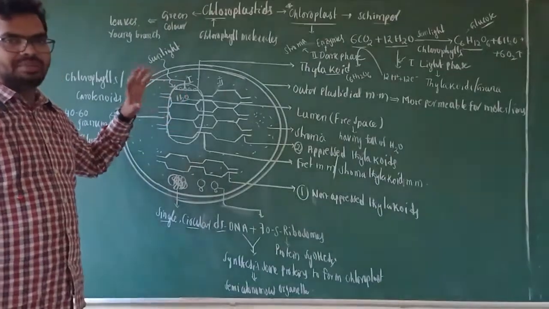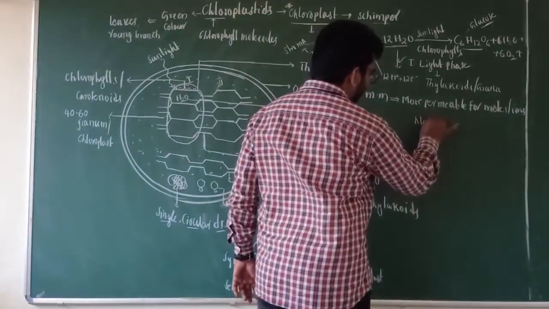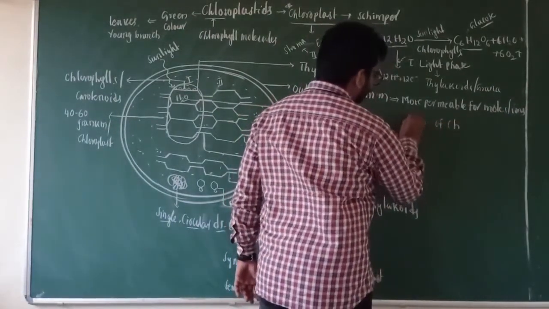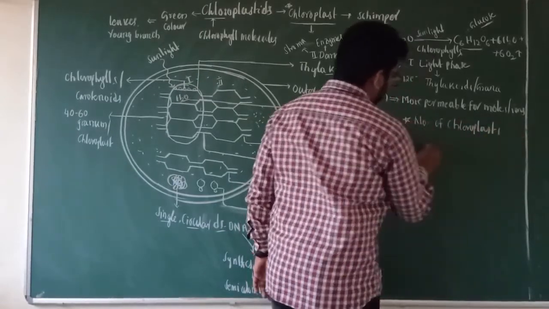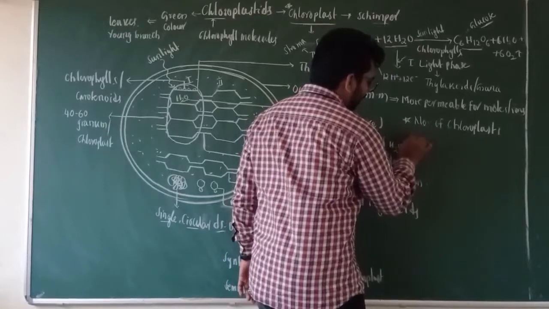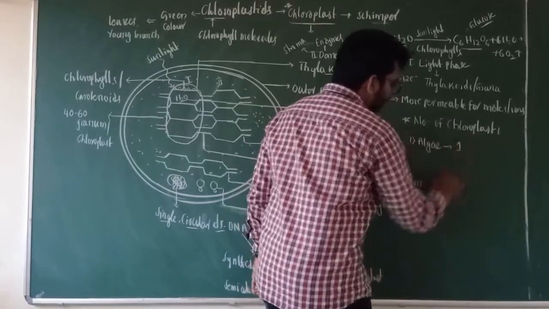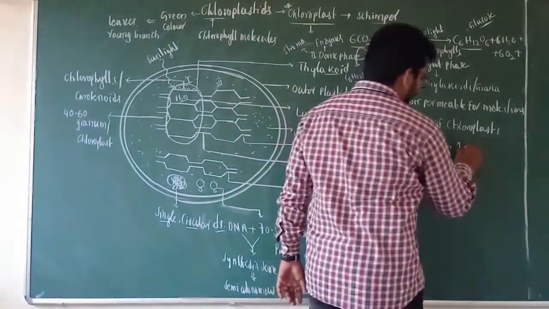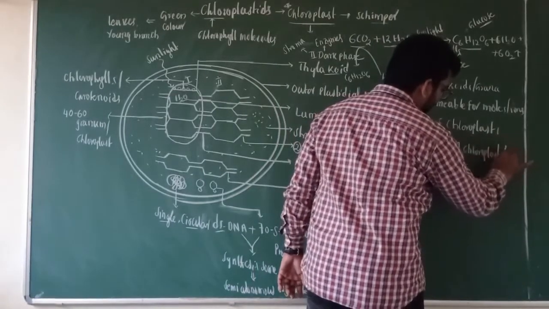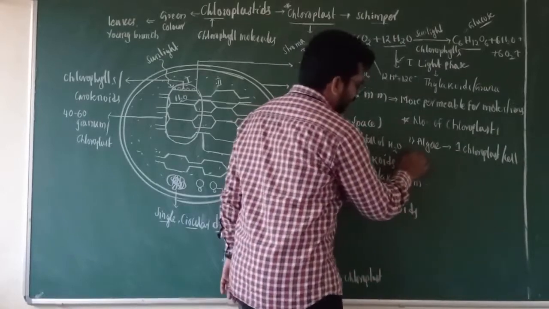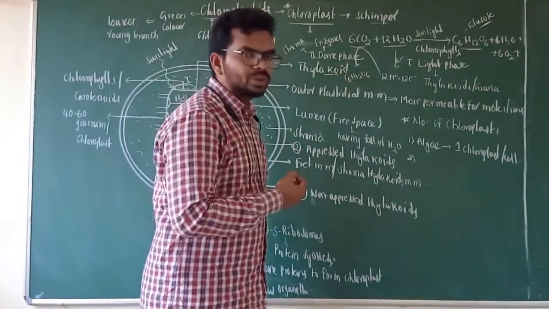If you take higher plants, we can look at the number of chloroplasts. Some algae have one chloroplast per cell. Even Chlamydomonas has a single chloroplast per cell.